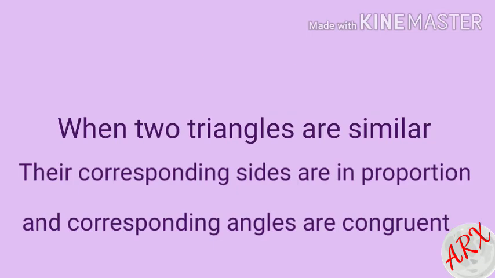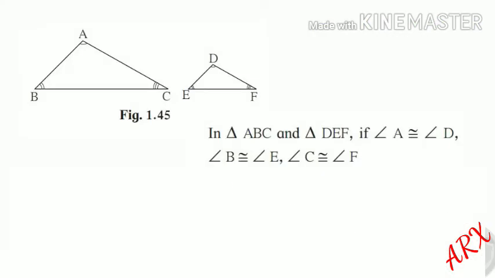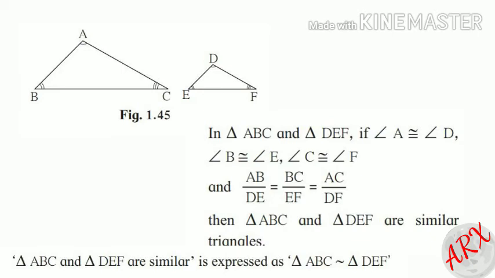For example, in triangle ABC and triangle DEF, if angle A is congruent to angle D, angle B congruent to angle E, and angle C congruent to angle F, also AB upon DE equal to BC upon EF equal to AC upon DF, then triangle ABC is said to be similar to triangle DEF, and it is expressed as you can see on the screen.